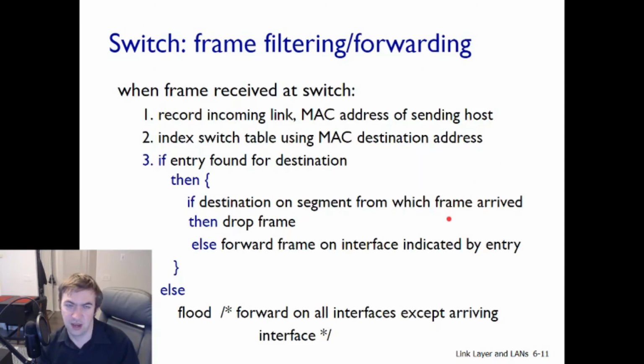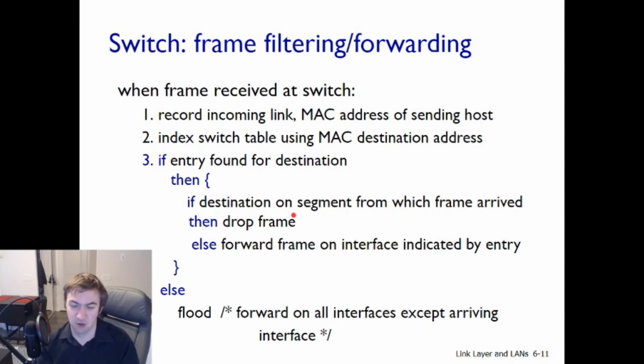Let's take a look at how switches handle filtering and forwarding different frames. So when a frame arrives at the switch, the first thing it does is it records the incoming link and the MAC address of the host that sent the frame. Then it checks its switch table to see if it can find the MAC destination address there. If it's there, then there's another check that needs to be done. Is the destination the same interface that the frame just came from?